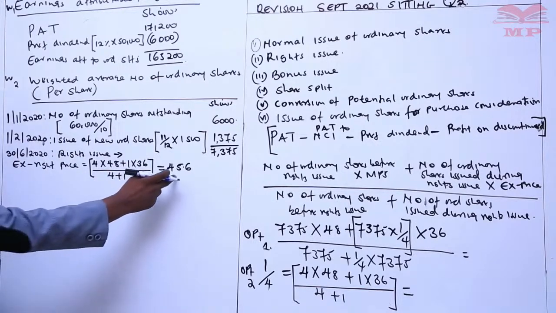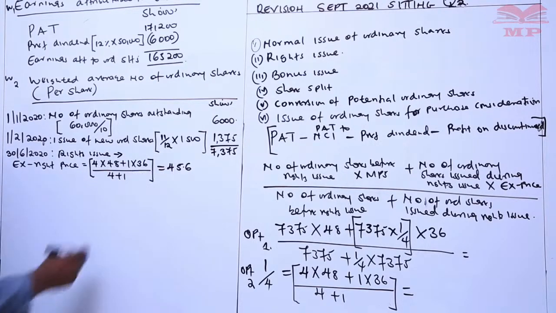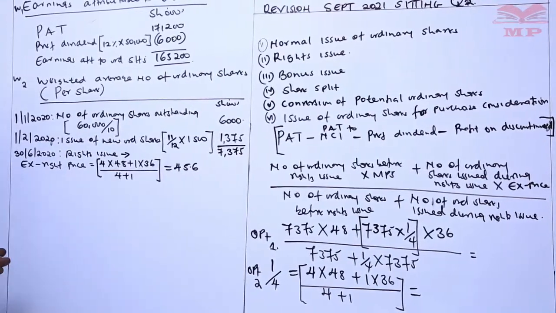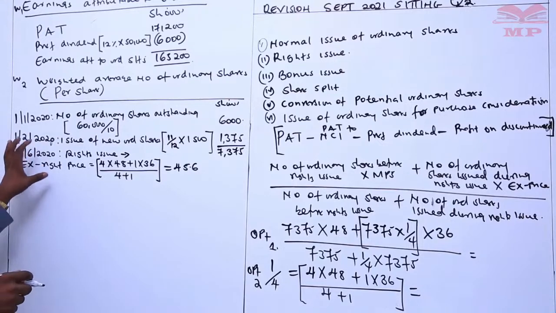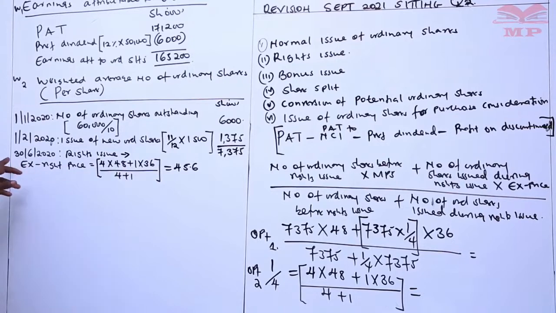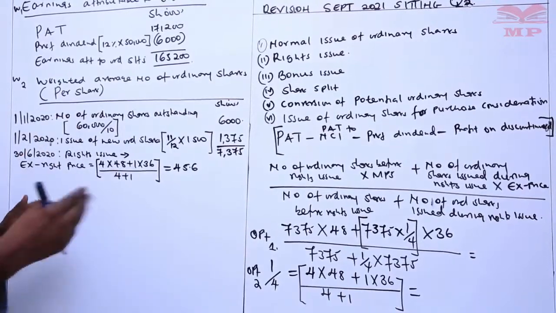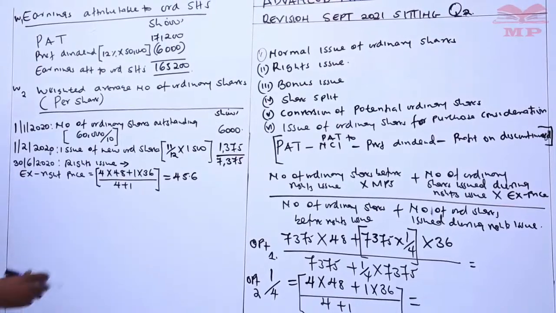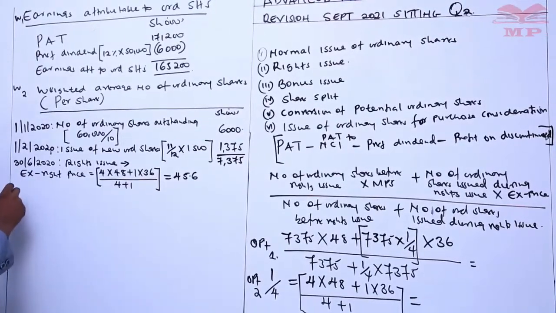Now, once you get your theoretical ex-rights price, you now go to what is called weighting. We have to determine the number of months before rights issue and number of months after. The issue took place on 30th June. That means that we had 6 months before and 6 months after. This is going to help us in doing the weighting. This is how we do it. Step 1.